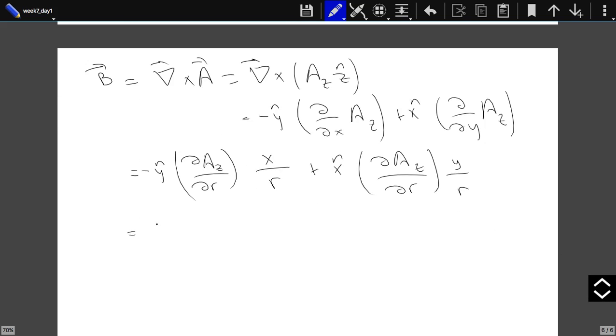So this is the derivative of A z with respect to r times 1 over r times y in the x hat direction minus x in the y hat direction.